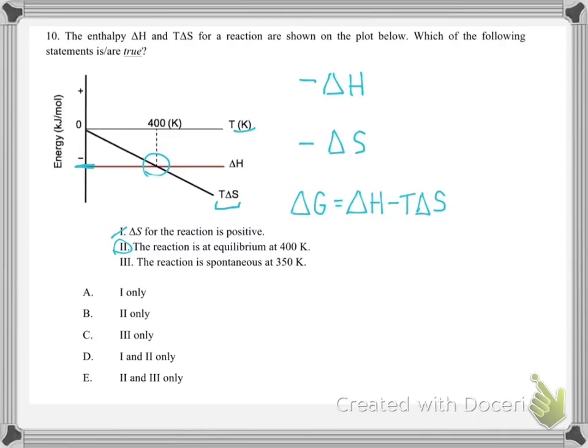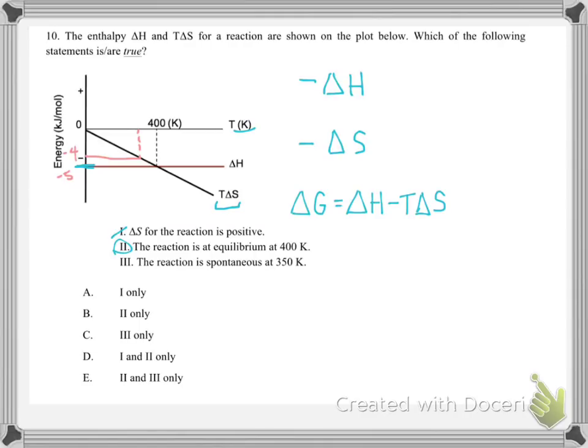For statement 3, they say the reaction is spontaneous at 350 Kelvin. So we know 350 Kelvin is going to be lower than 400 Kelvin. Do you guys see how the T delta S value there is less negative than the delta H value? So if we stick with our time when we pretend that delta H is -5, let's say that delta S is maybe something like -4.